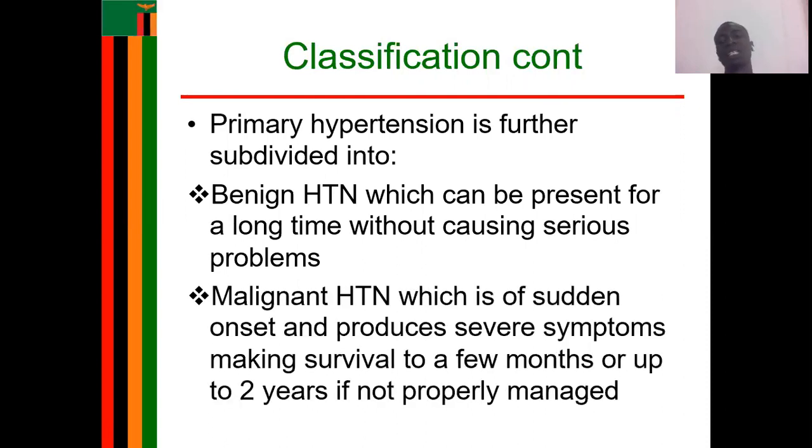There's also malignant hypertension, which has a sudden onset and produces severe symptoms, limiting survival to a few months or up to 2 years if not properly managed.